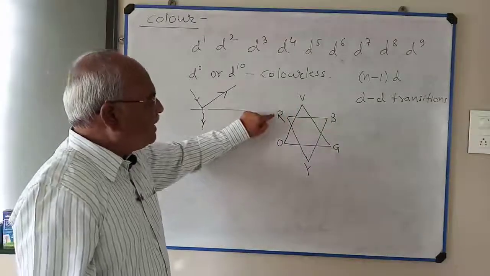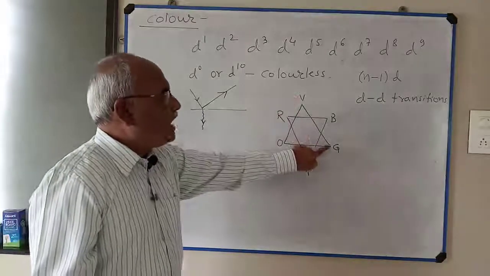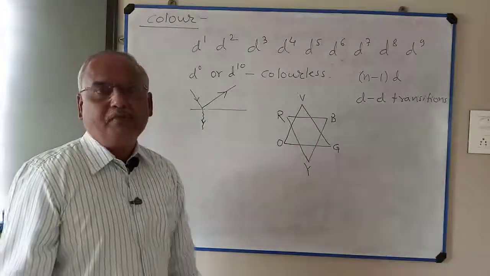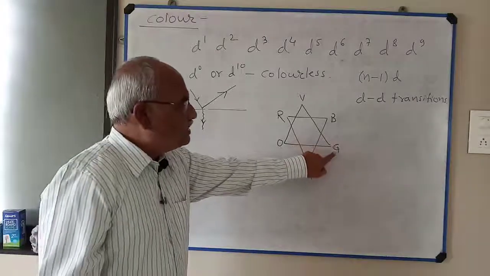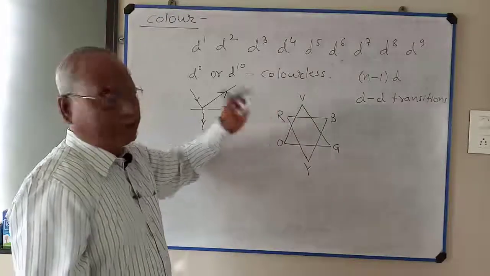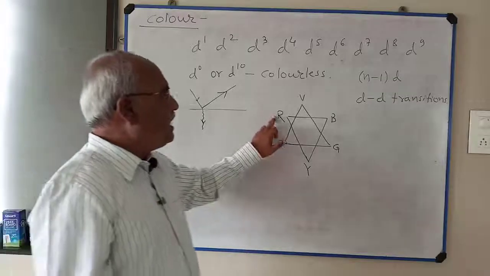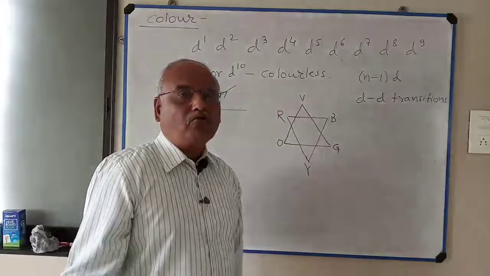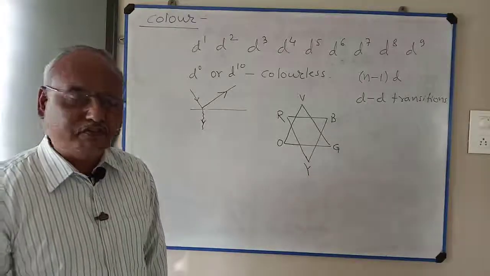If red color is absorbed, then the compound appears green. If green color is absorbed, the compound appears red. Red and green are complementary colors.